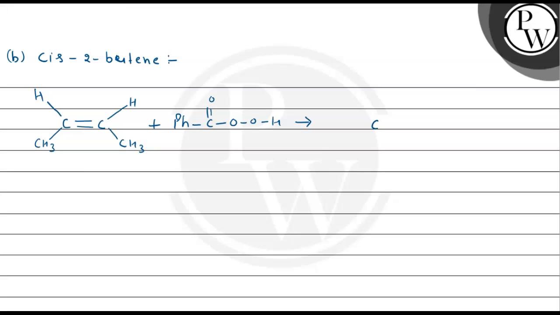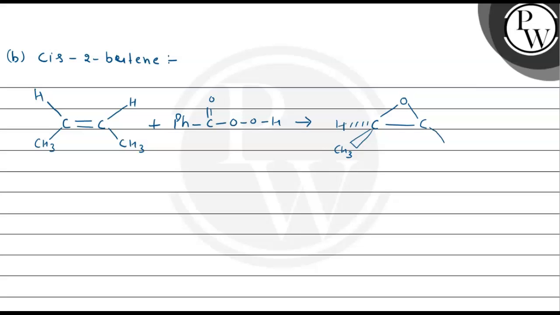It is carbon, and a single bond is present between this carbon. Because there is a multiple bond, we can say there will be an epoxy group present between these two carbons. The remaining bonds of this carbon can be shown in such a way that this is the CH3 group present here, and this is the hydrogen present here.